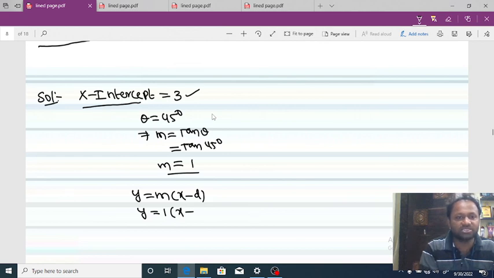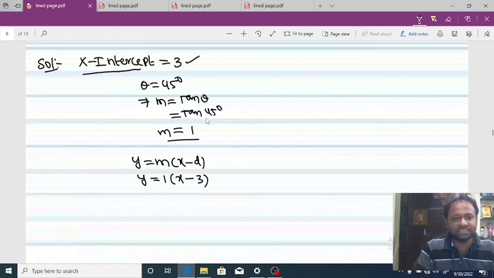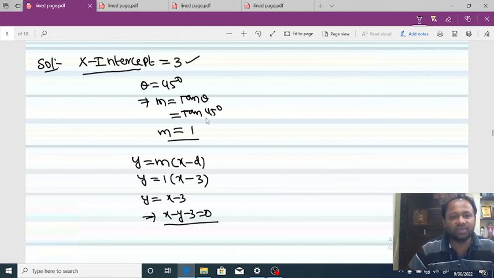The d value is the x-intercept, 3. By simplifying this, we can write it as y is equal to x minus 3. Here it will become x minus y minus 3 is equal to 0. So in this way, we can find the equation of the straight line.